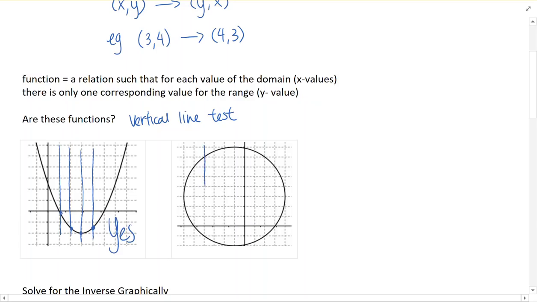But if you draw a straight line down and you see I'm crossing 2 points, or even more sometimes, then this is no. Okay? So that's the difference between yes, a function, and no, not a function. So let's look at an example now.